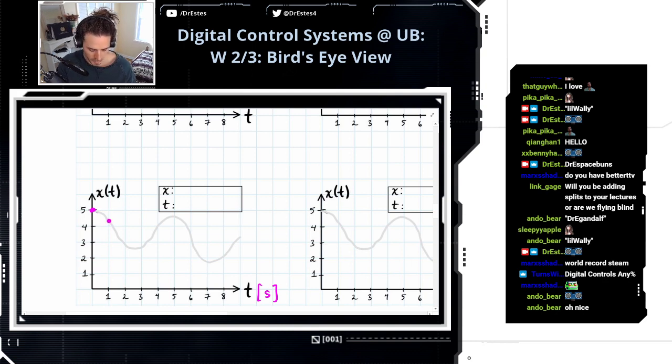Here we get this, this, this. All right. So x can be any value. It's continuous. But in this case, t is quantized. I can only grab a sample at discrete points in time.